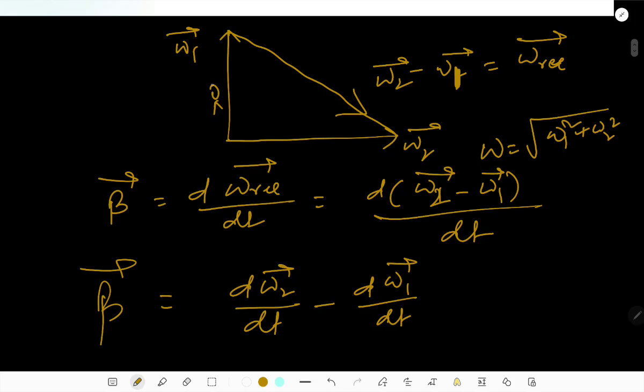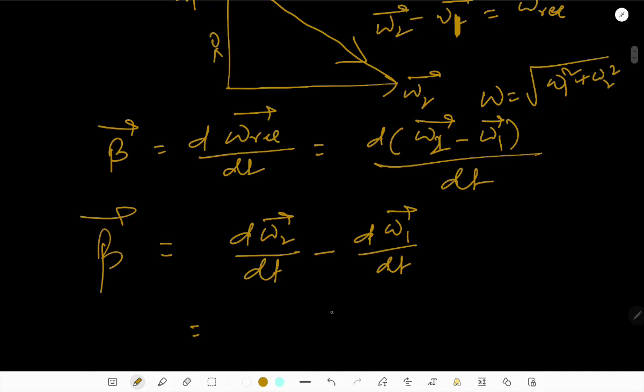For this observer sitting on the vector omega 1, d omega 1 by dt is equal to 0, because it is constant in both magnitude and direction. So for our observer d omega 1 by dt is equal to 0. Nothing changes with respect to the observer itself. An observer is always at rest with respect to itself. Don't forget it. So I don't need to explain anything about it. d omega 1 by dt is always equal to 0. What about d omega 2 by dt?